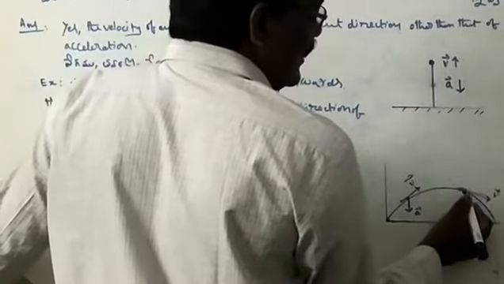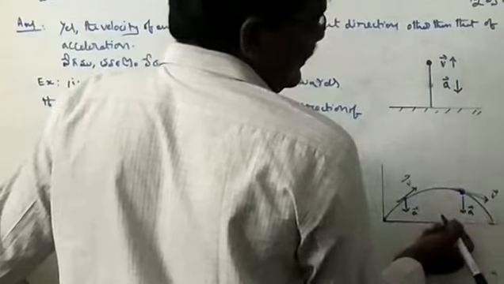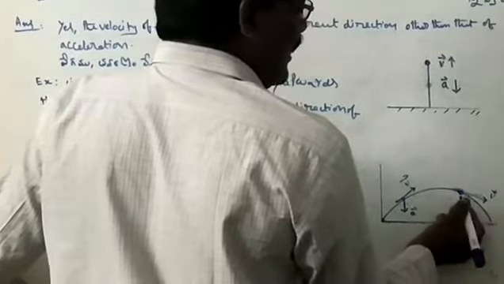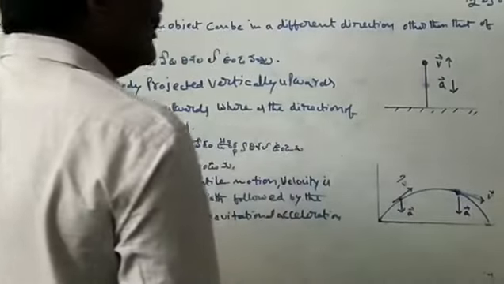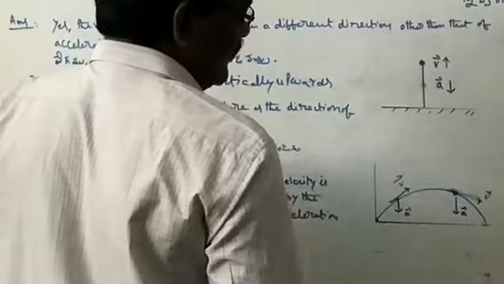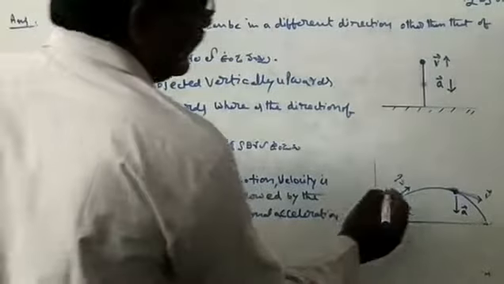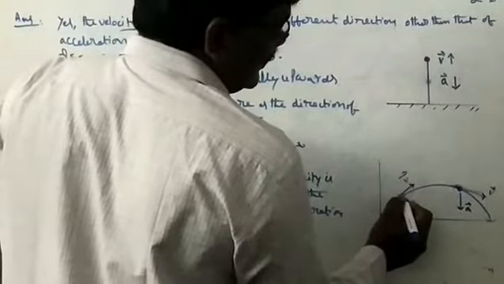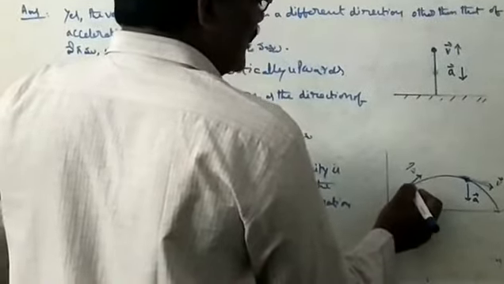Here the velocity direction is tangential at that position, and the acceleration is always downwards, that means towards the center of the earth. Acceleration is always downwards, but the velocity direction changes. It is tangential to the path followed.